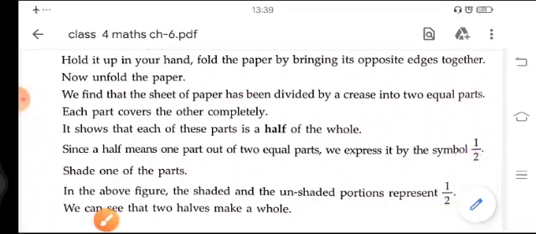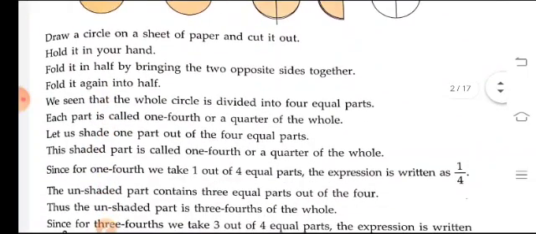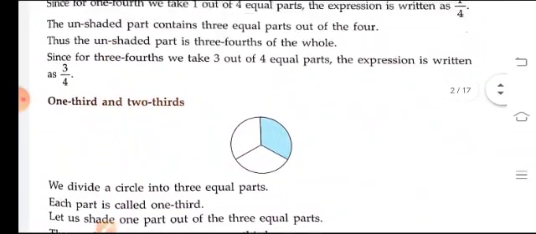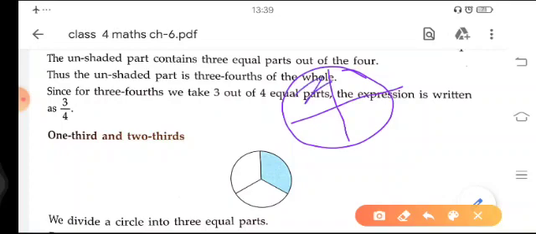Okay, now next, 1/4 or 3/4. What is the meaning of 1/4 or 3/4? Suppose there is a circle, and it is divided into 4 equal parts, right? And if I am coloring only one part like this, then what is the portion colored?